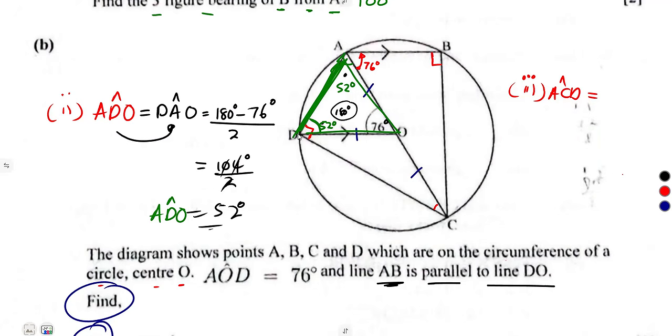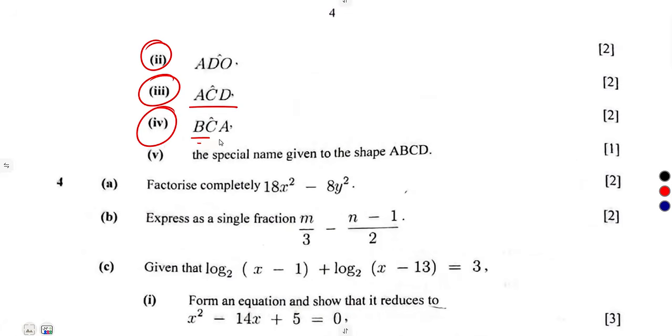The same chord, from A to D, is creating the angle at C, which is at the circumference. So the angle at the circumference is half the one at the center, since the angle at the center is twice the one at the circumference. Angle C is half of angle O. So that is 76 degrees divided by 2, which gives us 38 degrees. This is ACD.